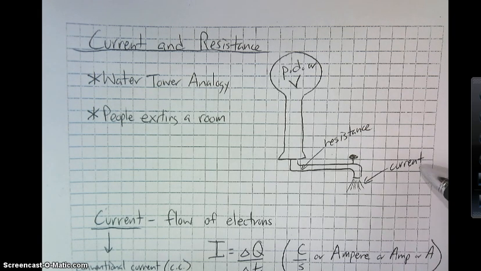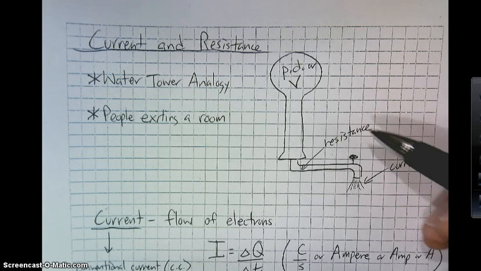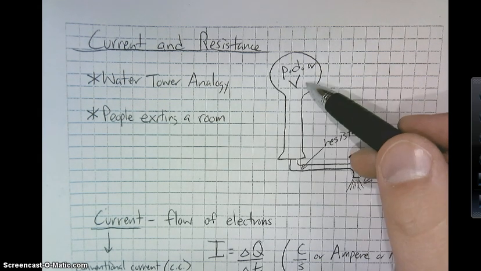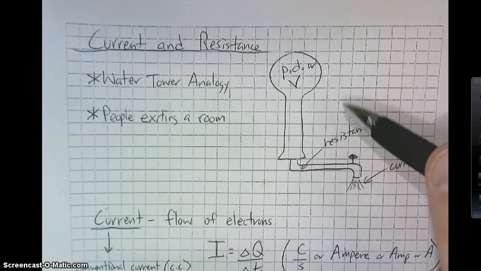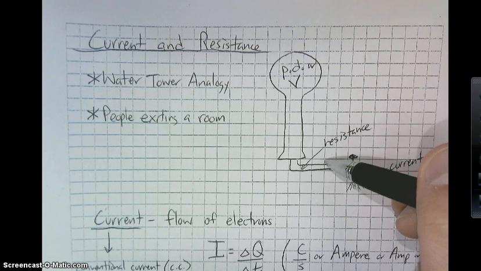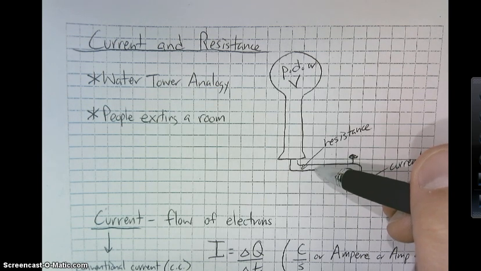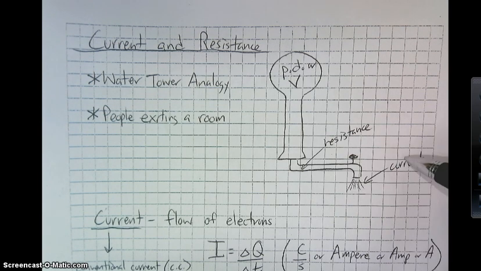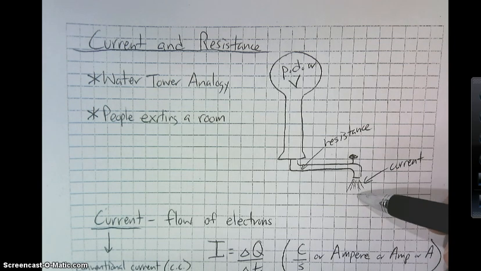Now, in terms of electricity, the voltage is the potential difference in the battery itself. The resistance is going to be the objects that the electrons have to flow through, and then the current is the actual rate of flow of those electrons.